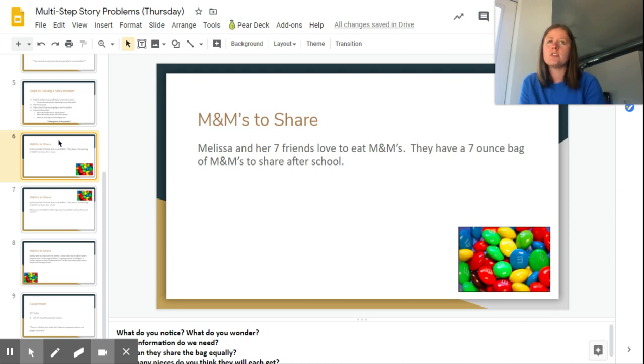So you can't always just directly look at the numbers and just say, oh, it's 7. Because in this instance, you would be wrong. It's actually 8 because you need to include Melissa in on eating these M&Ms. So throughout this story problem over the next couple of slides, you need to be thinking to yourself that there's 8 people, including Melissa, that want to share this bag of M&Ms. Okay, so there's going to be 8 people, not 7.